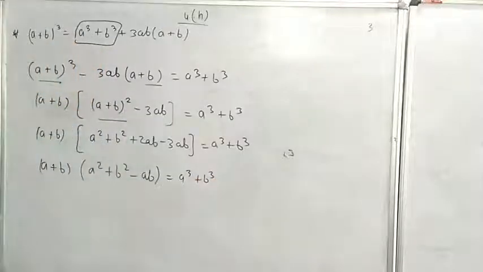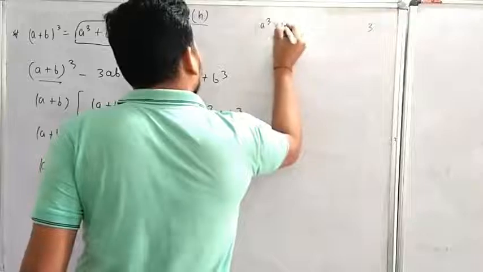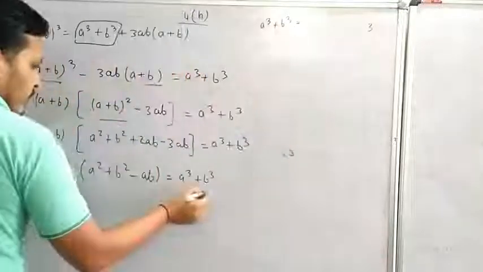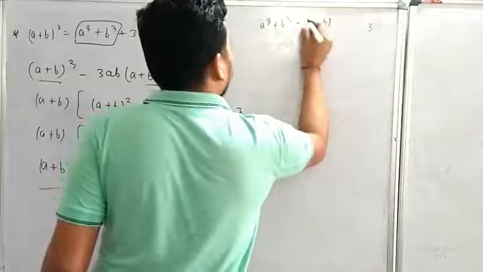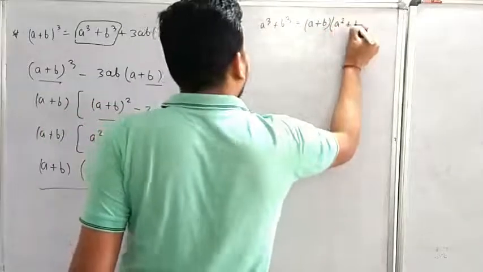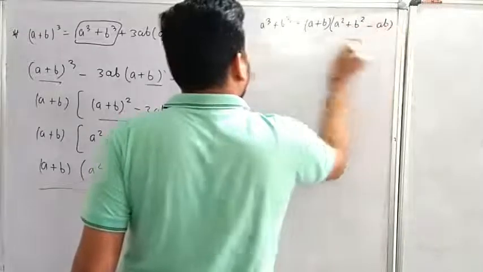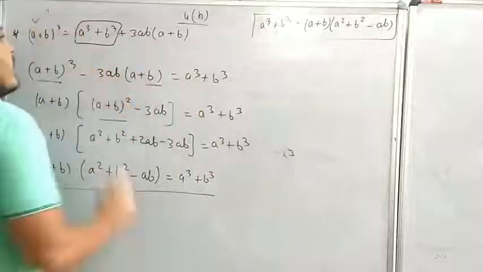So what is the final formula we get here? The final formula is a cube plus b cube is equal to (a plus b)(a square plus b square minus ab). It is the next formula with the help of (a plus b) whole cube.